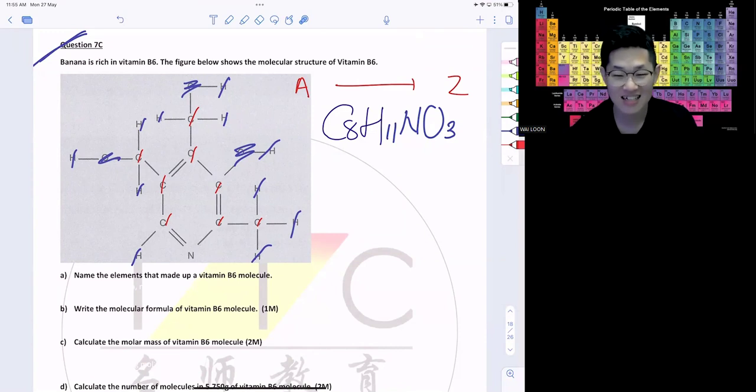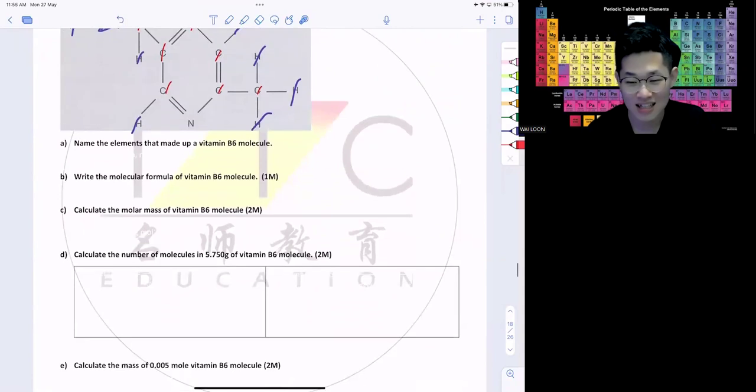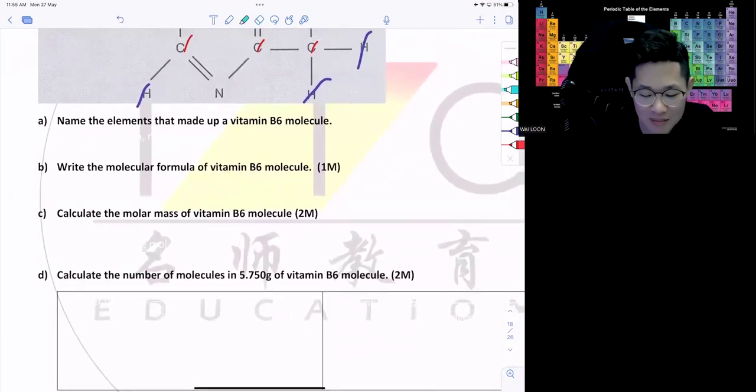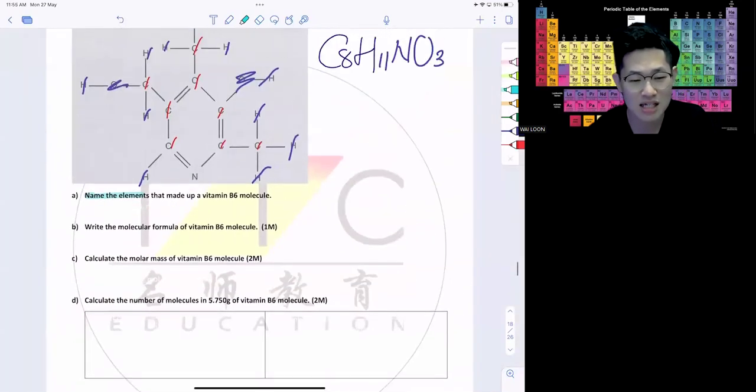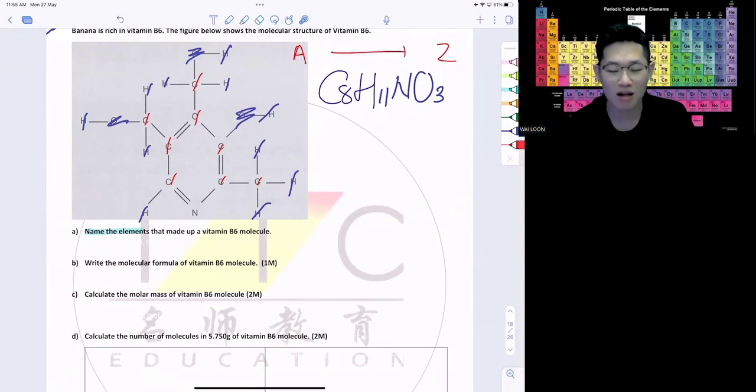Okay, Hannah. Name the elements that made up vitamin B6. So what are the elements used to make this molecule? Anyone knows the answer? Just give me one element. What's the element?